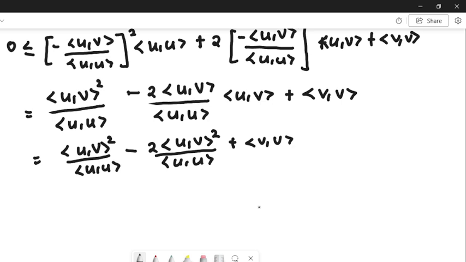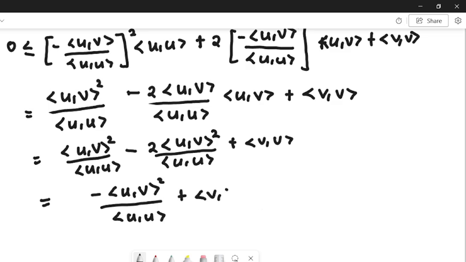So if we subtract this, we will have negative uv squared plus vv. But now we had a 0, so this will go on the other side. We are going to get a positive value.